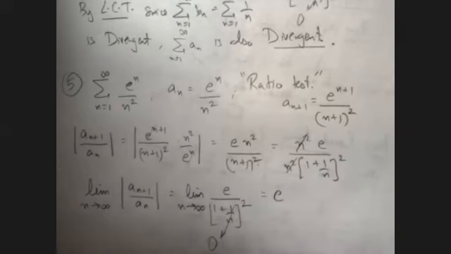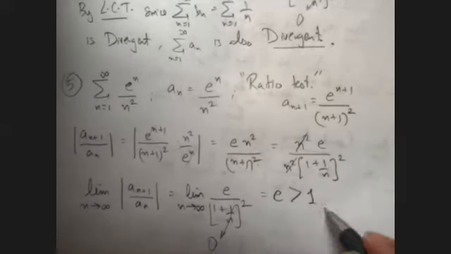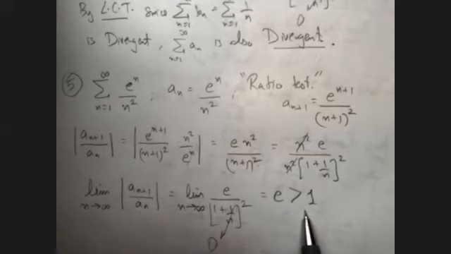With e greater than 1, this ratio test implies that when this limit is greater than 1, the series is divergent.